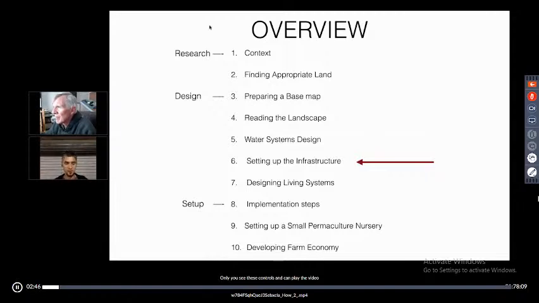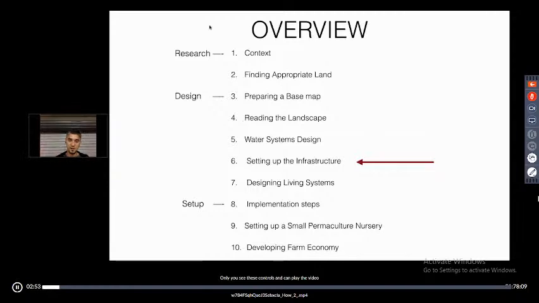Once we got land, preparing a base map for our designs, then we went through reading the landscape, getting out to the field, understanding the patterns we're seeing, and then using all those findings in creating our designs. And last time we talked about water system designing, and now we are talking about infrastructure that comes after we've done our first layer of water.